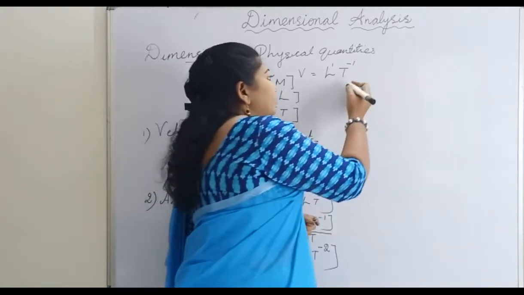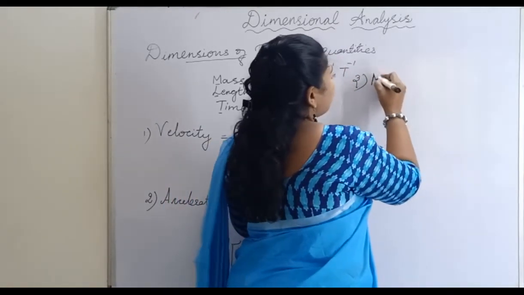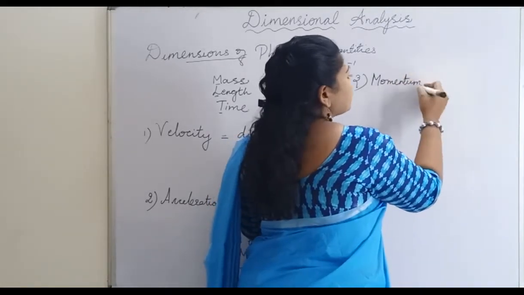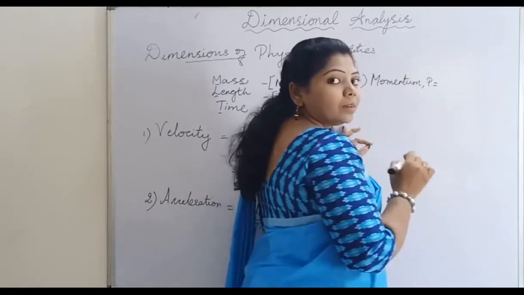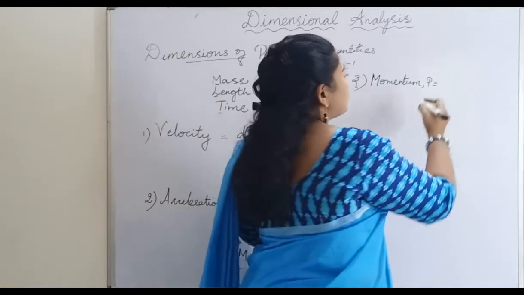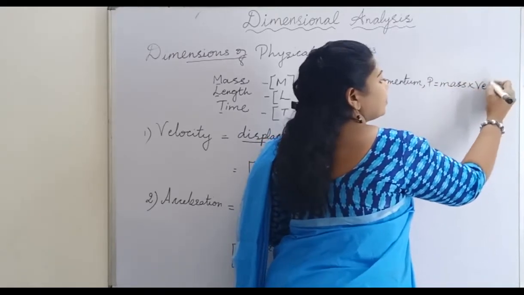Similarly, the third one we are going to find is momentum. Momentum P is equal to mv. We know that P is equal to mv, so the expression is mass into velocity.